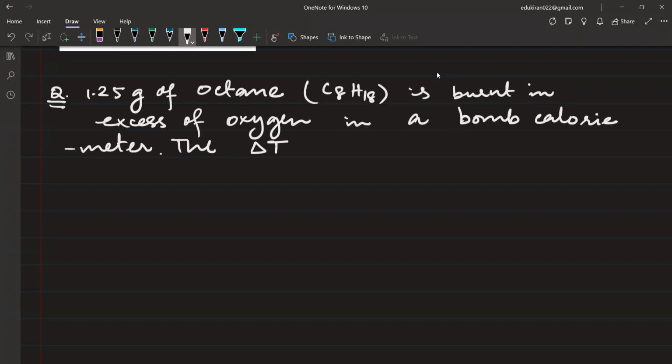The delta T, the change in temperature was from 294 Kelvin to 301 Kelvin.